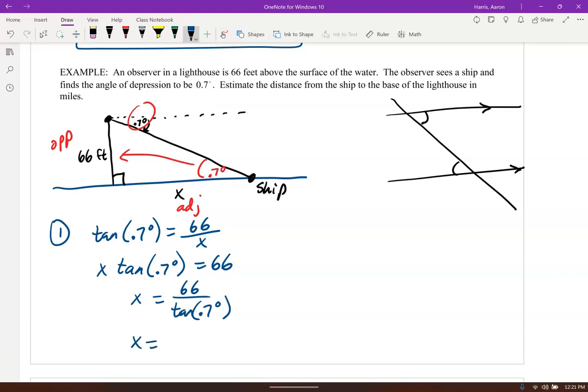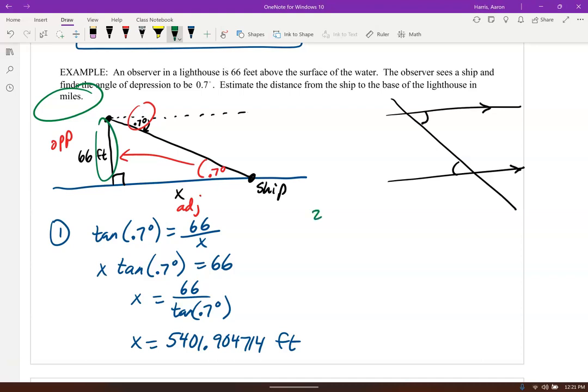Go ahead and punch that in, and get this, in feet. Now, notice it does say estimate the distance from the ship to the base of the lighthouse in miles. I did not do this in miles. I'm doing this in feet because the height they gave me was in feet. So I'm still in feet.